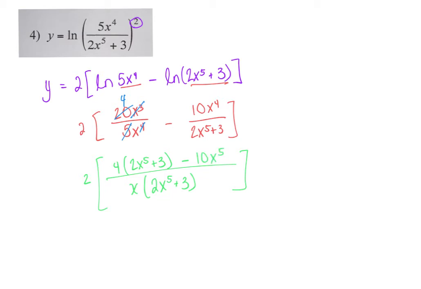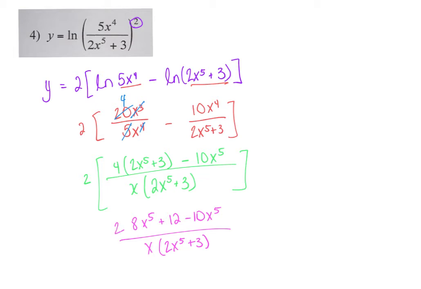And then I'm going to just keep simplifying, so I'll distribute. So I'll have 8x to the 5th plus 12 minus 10x to the 5th all over x times 2x to the 5th plus 3.